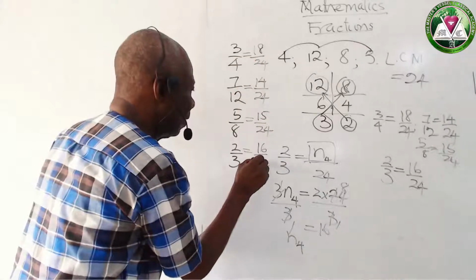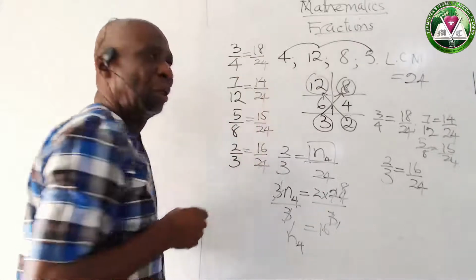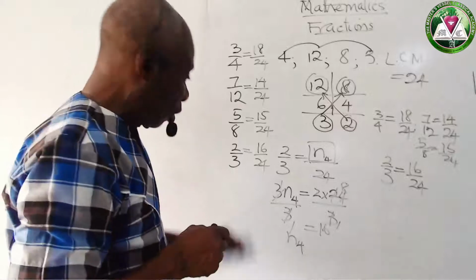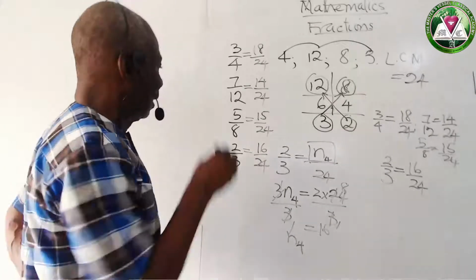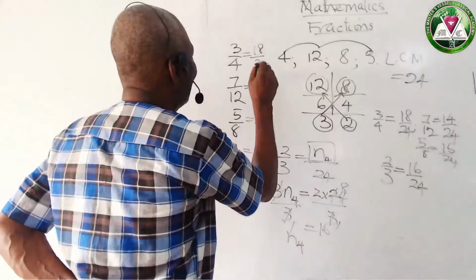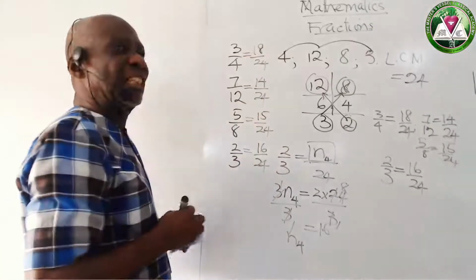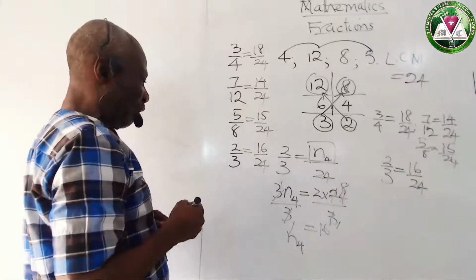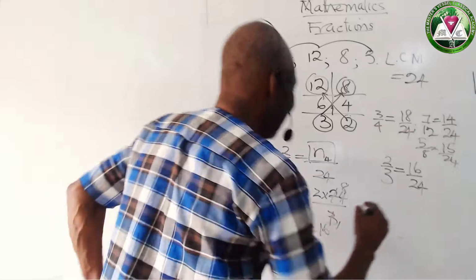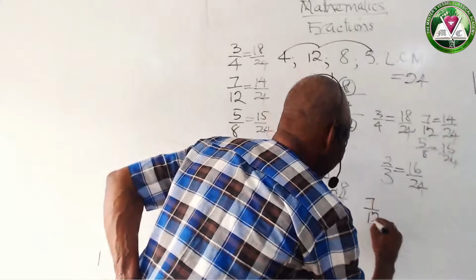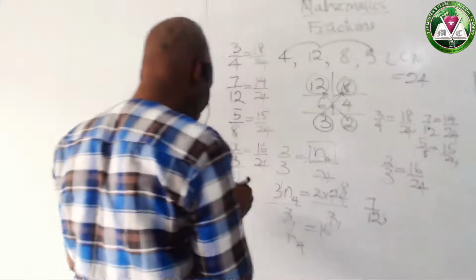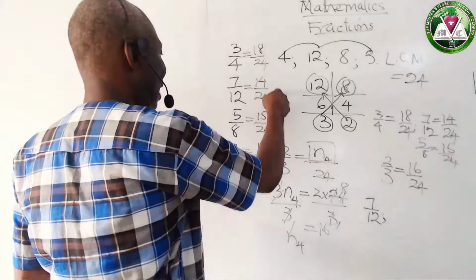All of them have denominator 24. We shall now look at their numerators, those things that were calculated. Here we have 16, here we have 15, here we have 14, 18. The smallest is 14. Therefore, the smallest there is 7 over 12. After that, remember we took 14, we come down to 15.